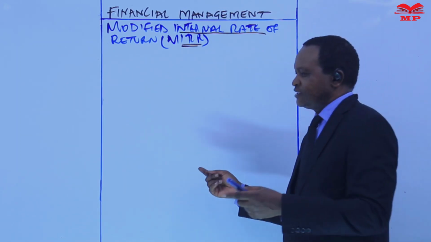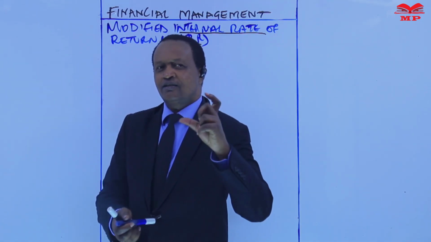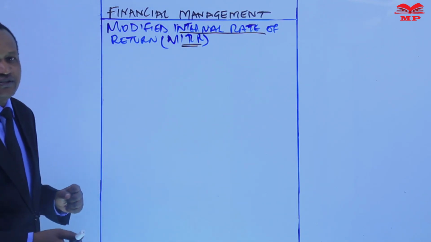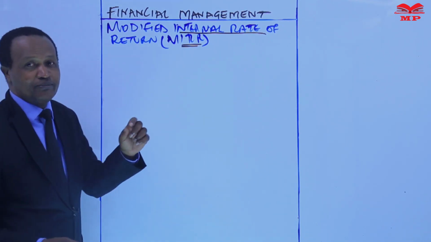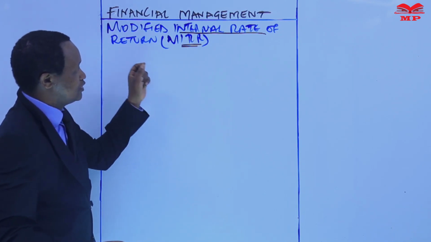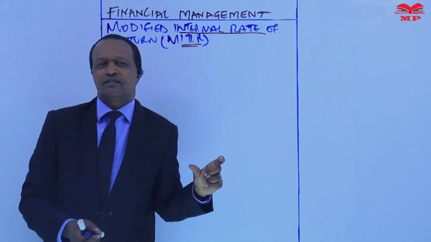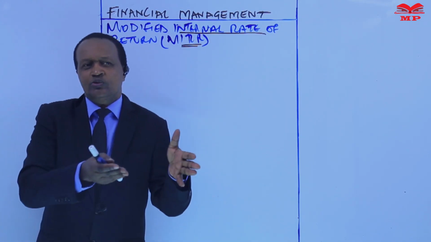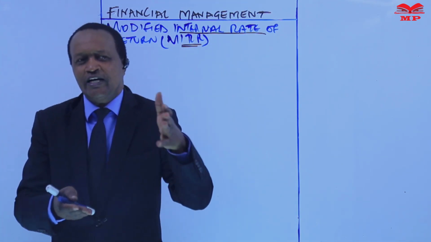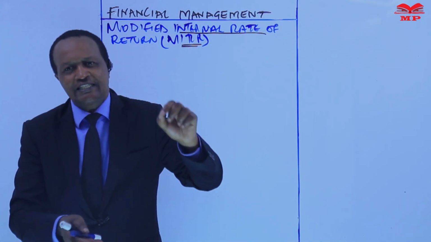And our insight here is just calculation. When you get into the calculations, I know your minds are wired to understand calculations fast. So just have that at the back of your mind. Just understand that the modified internal rate of return is a variation of the internal rate of return.